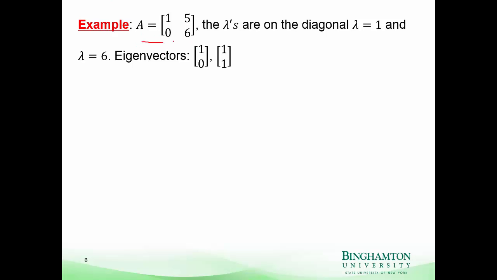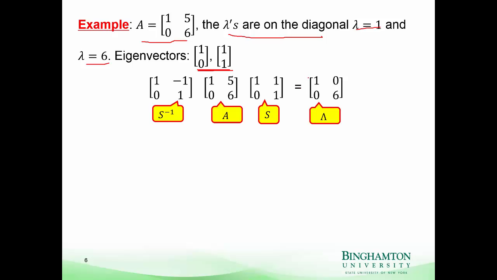So here's our matrix. We can find the eigenvalues to be lambda equal to 1 and lambda equal to 6. And you can also find the eigenvectors to be (1, 0) and (1, 1). So if we put all this together, here's our S matrix, and we need the inverse of that.